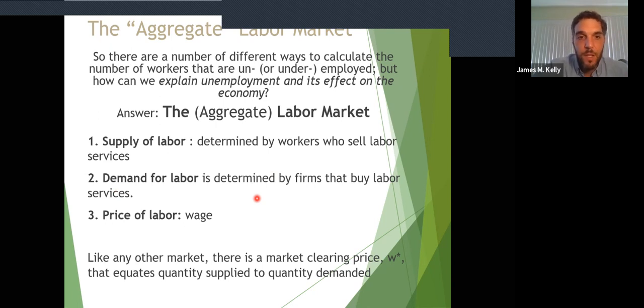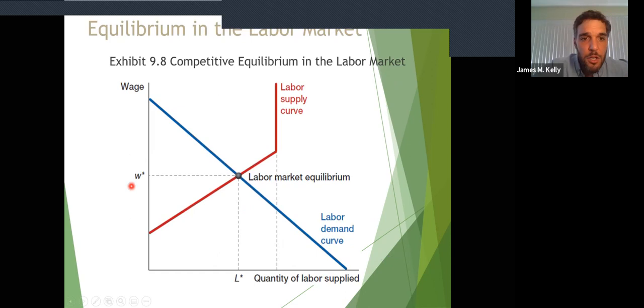The price of labor is the wage. And like any other market, there's a market clearing wage where quantity demanded and quantity supplied are exactly equal to each other. This is called the market clearing wage.